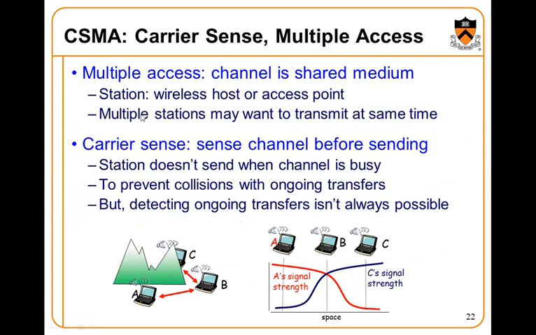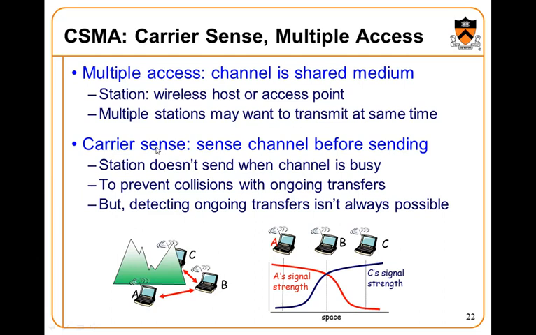So when multiple nodes want to transmit data to the destination node, the first responsibility of these nodes is that they should sense the media, sense the carrier, and if no one is sending data to any other node, that means the channel is available.